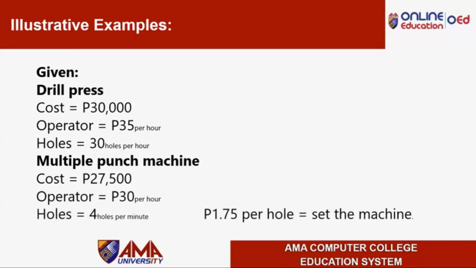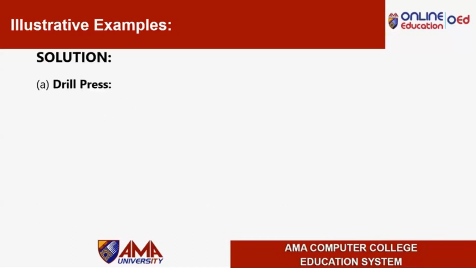He can do 4 holes per minute. There's also a fee for setting up the machine, which is 1.75 pesos per hole. So, solution: the requirement is to drill 6,000 holes.